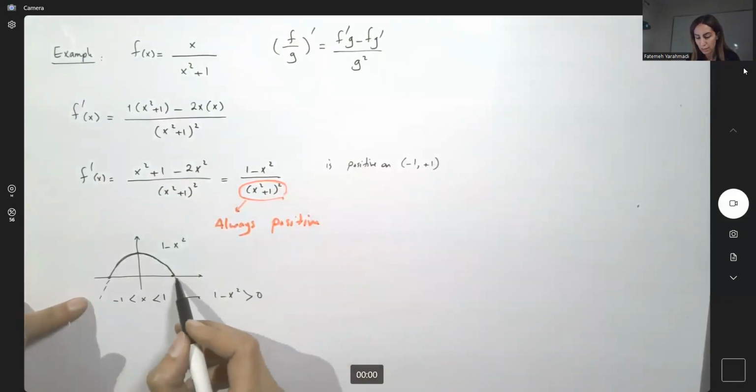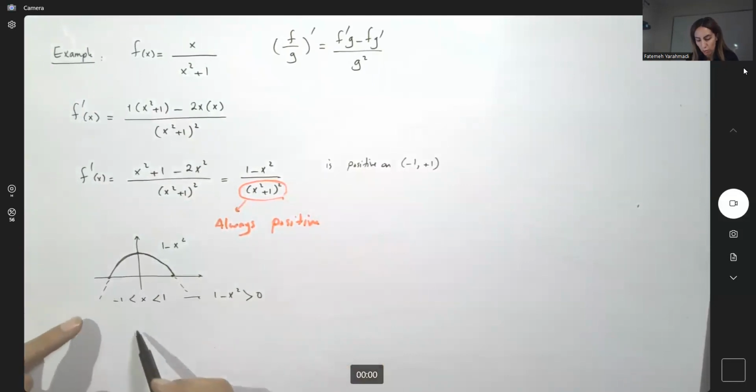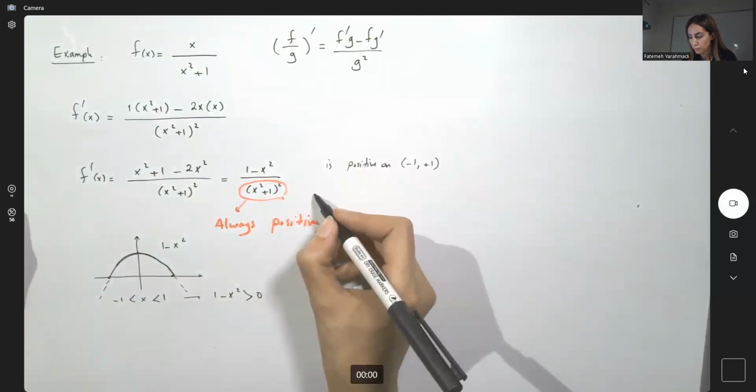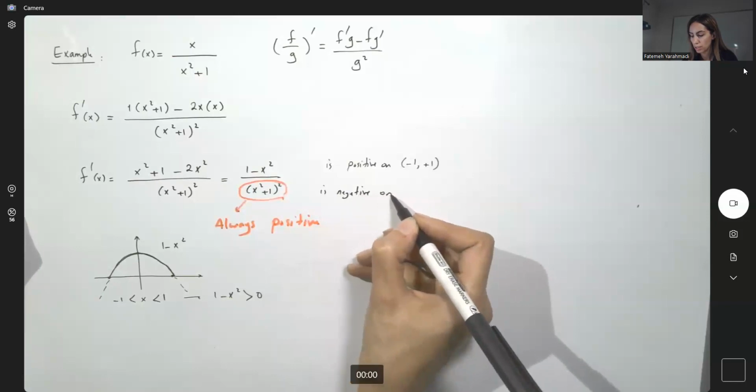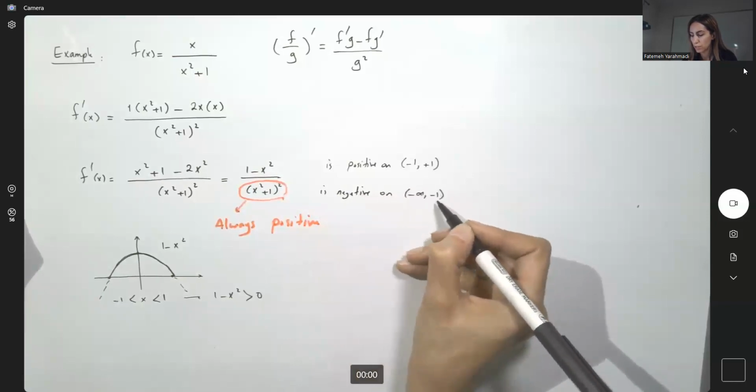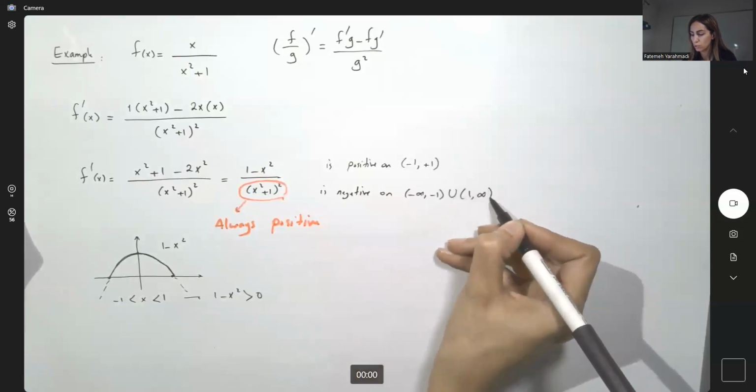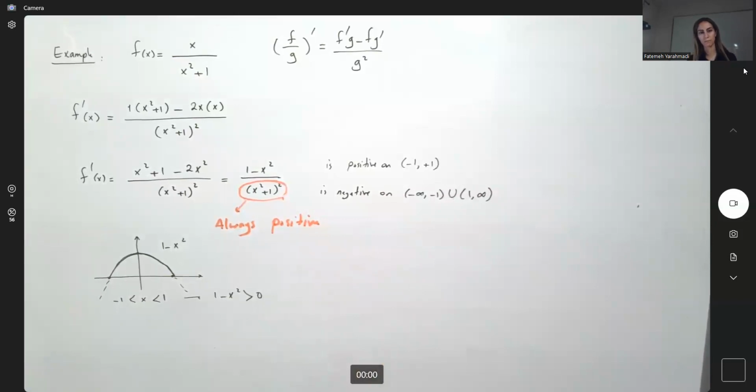For the rest, the graph is below the x-axis, in the negative part of the y-axis. So f prime is negative, or decreasing, on negative infinity to negative 1, union 1 to positive infinity.